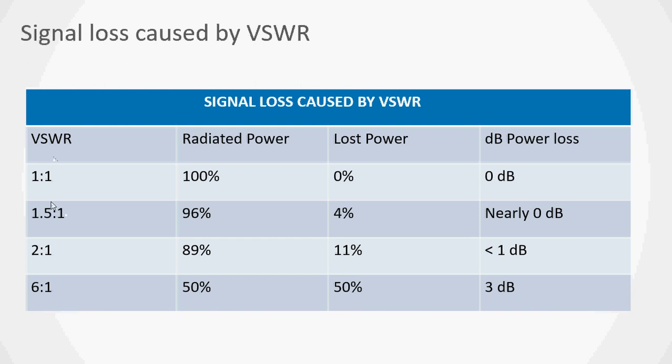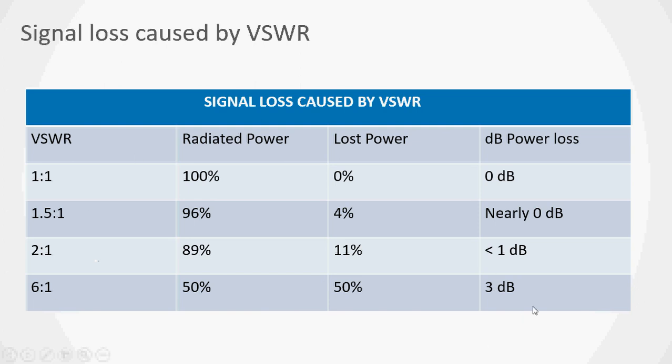In the real world, generally it is 1.5:1, and even then there is a very small amount of loss in power, which is admissible, and it would not impact your system very much. But if the VSWR ratio increases further, like 2:1, the power loss starts increasing.